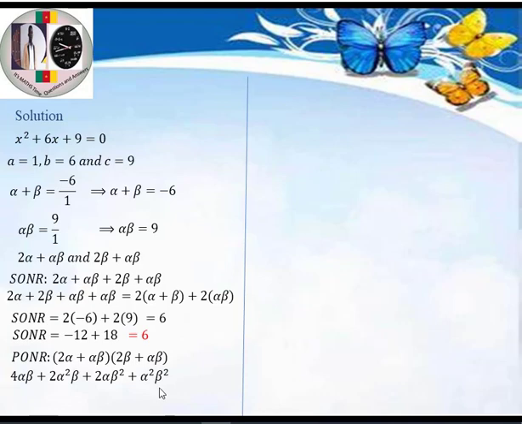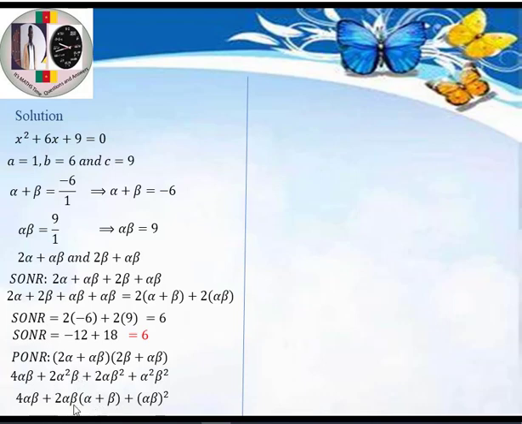If we rearrange this, in the second and third terms, 2 and alpha beta are common, so we can factor it out to give us 4 alpha beta plus 2 alpha beta times alpha plus beta.